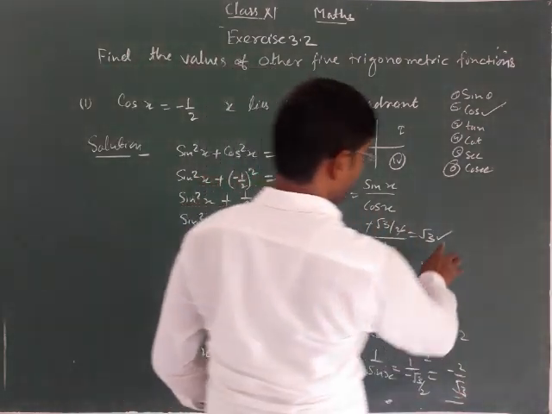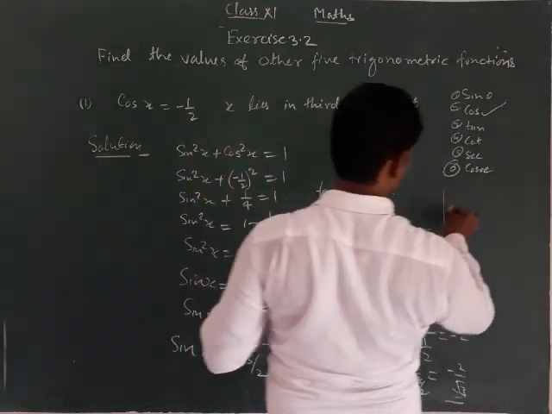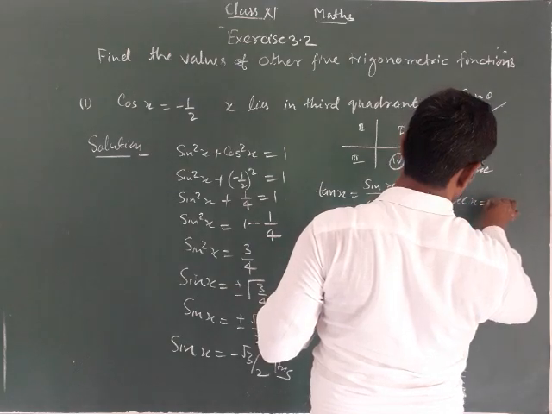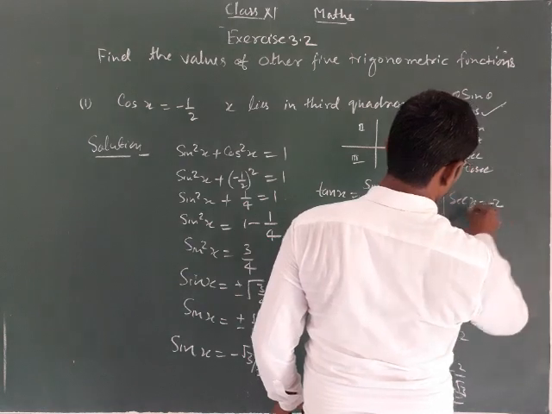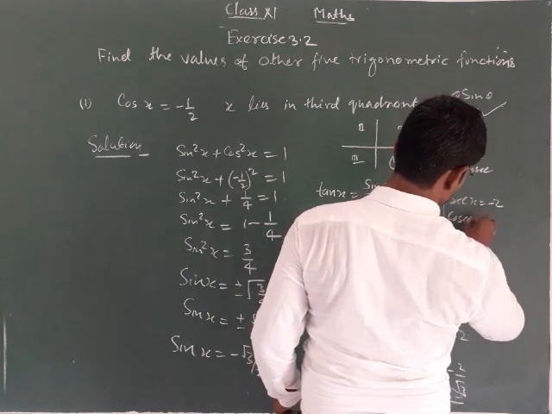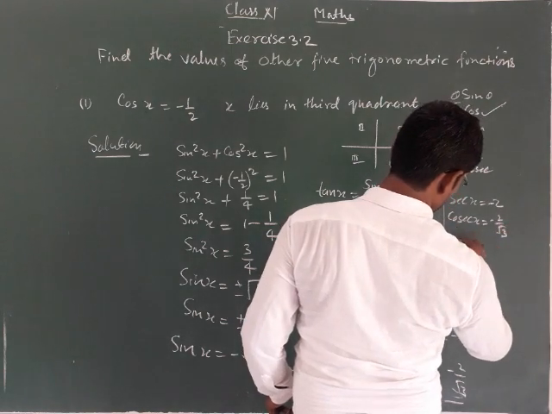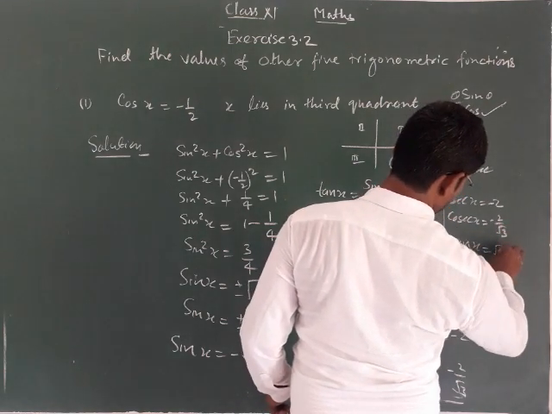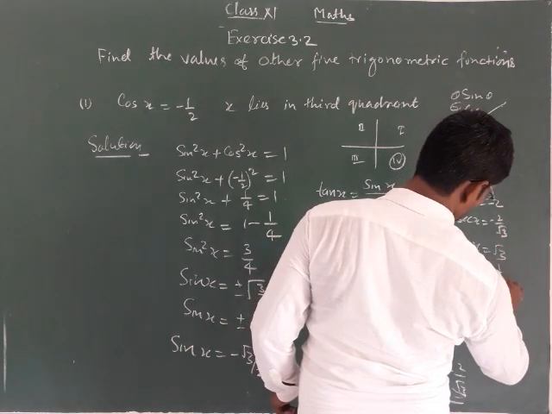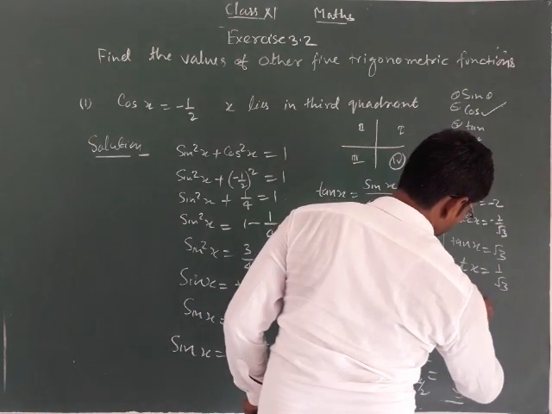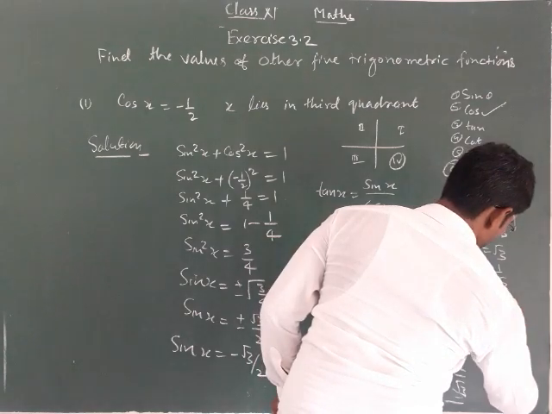So all values are given. Sec x is equal to minus 2, cosec x is equal to minus 2 upon root 3, tan x is equal to root 3, cot x is equal to 1 upon root 3, and sin x is equal to minus root 3 by 2.